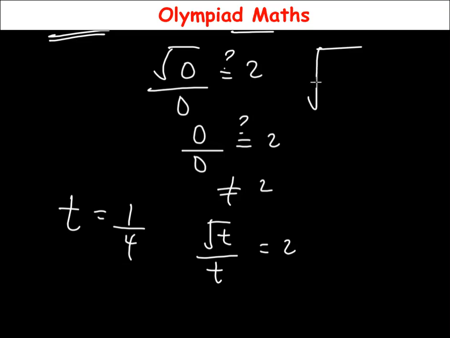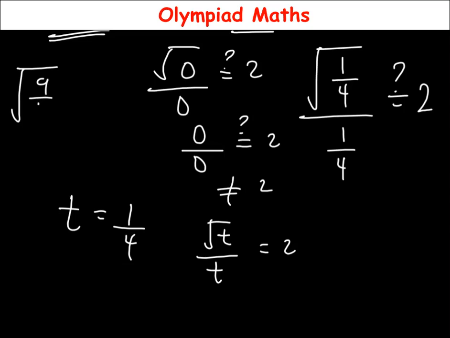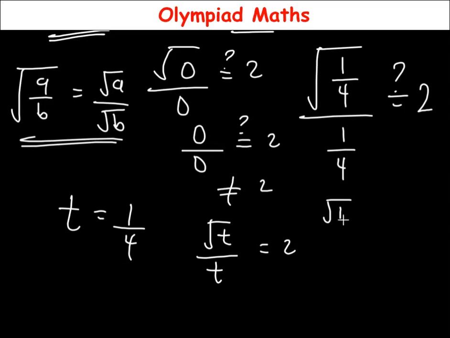So we have root of 1 over 4, over 1 over 4, equal to question mark. Now, if you have root of a over b, this is equal to root a over root b. Applying this principle, this becomes root 1 over root 4, divided by 1 over 4, equal to question mark.